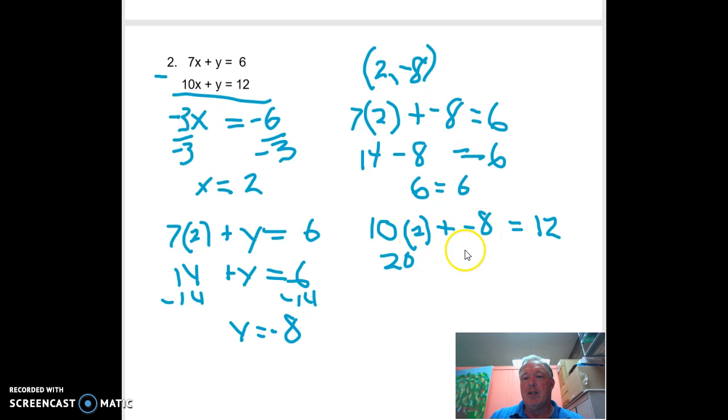We said plus negative 8 is the same as subtracting 8. Is 20 minus 8 equal to 12? It is. So we found that our solution using elimination for these two equations is 2, negative 8, and we proved that by plugging those back into both equations.